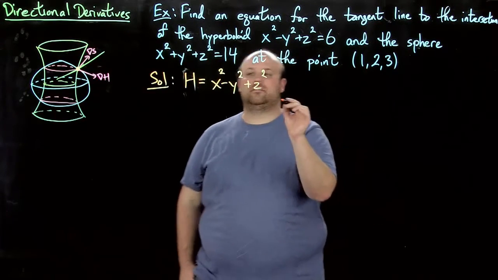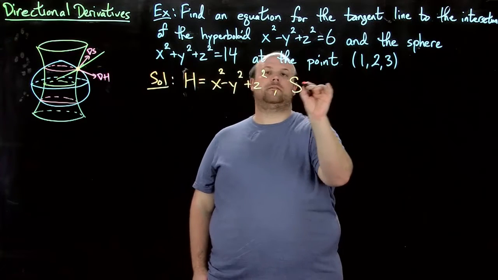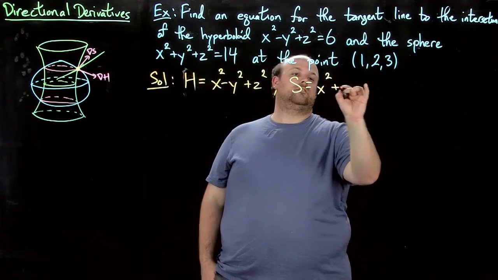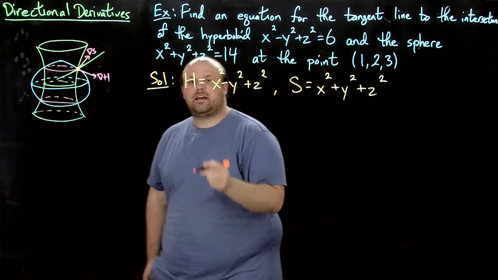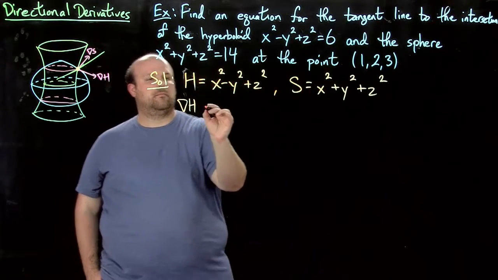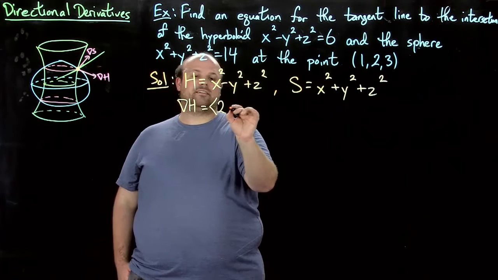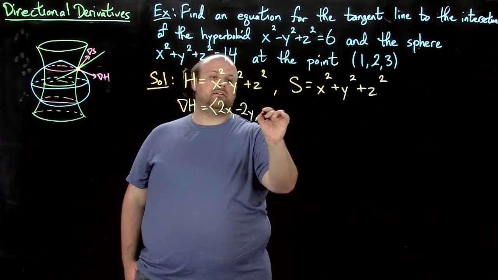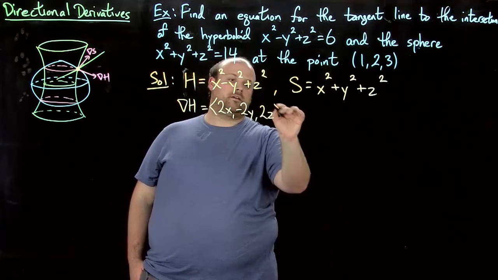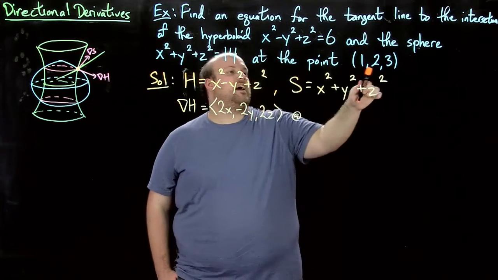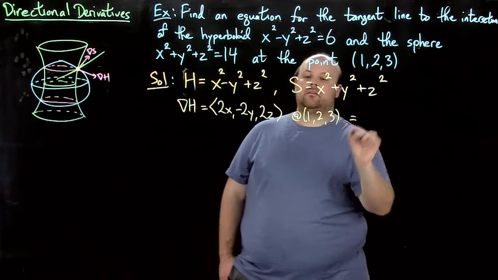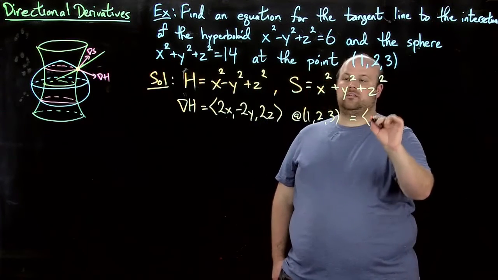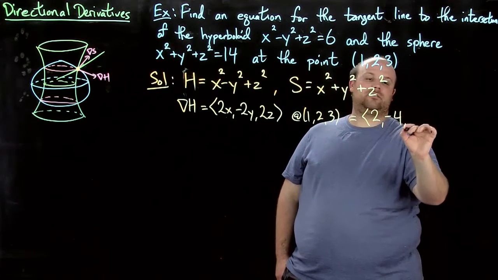All right? And then the sphere is x squared plus y squared plus z squared. All right, and then now we take the gradients. This will be 2x, minus 2y, and 2z. All right, and then of course we want that at 1, 2, 3. We get 2, minus 4, 6.